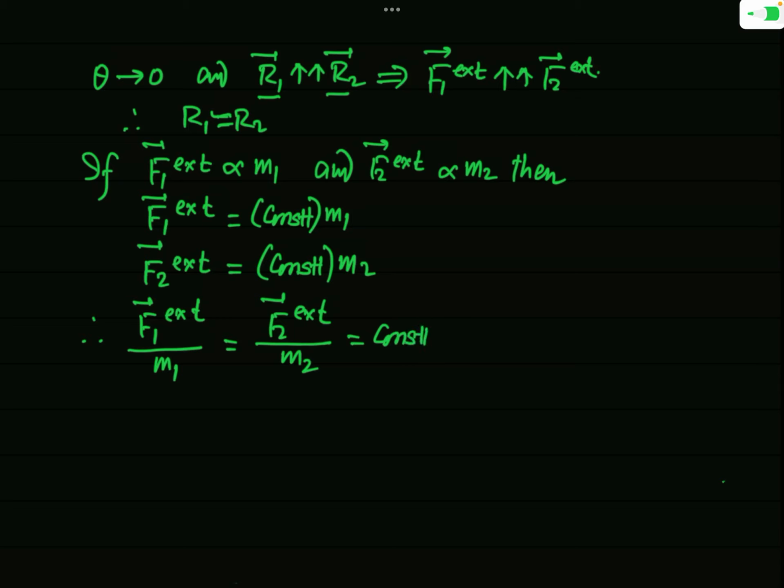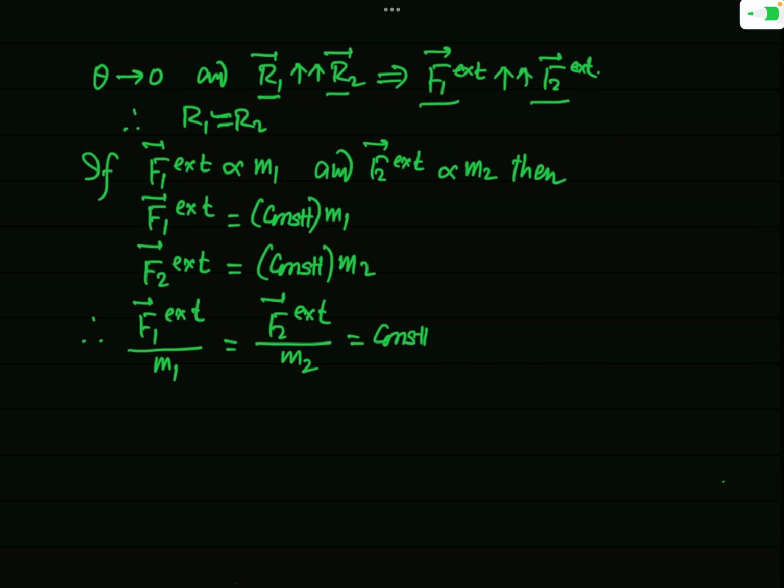Okay, but this is possible only when F1 external is parallel to F2 external, and they will be parallel only when the third outside object is far apart from our system. Only then will these two forces be almost in the same direction.